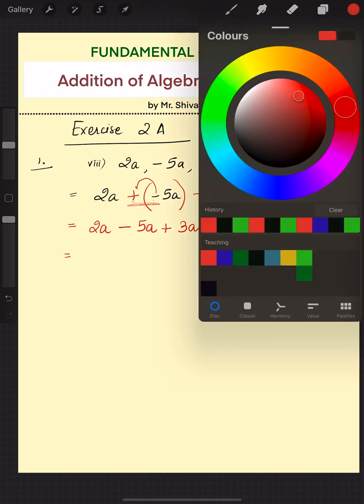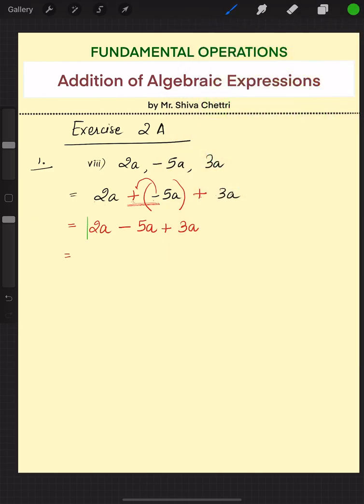So like in integers, we'll go for the first two numbers. So 2a and 5a. What is the sign for 2a? It is plus. What is the sign for 5a? That is minus. Plus and minus, what will you do? You will subtract. But again, I am repeating this, sign follows the greater number.